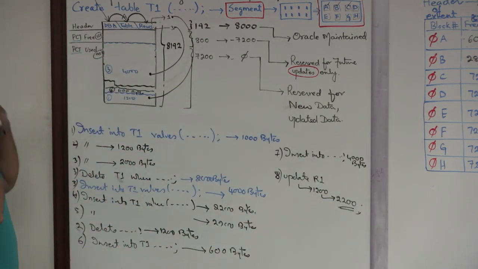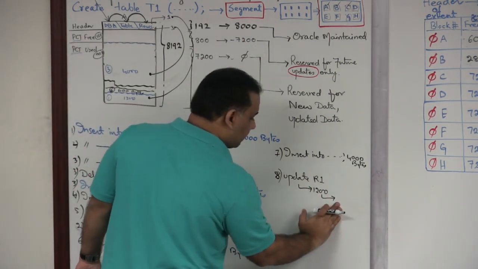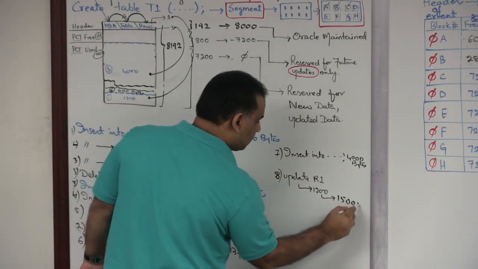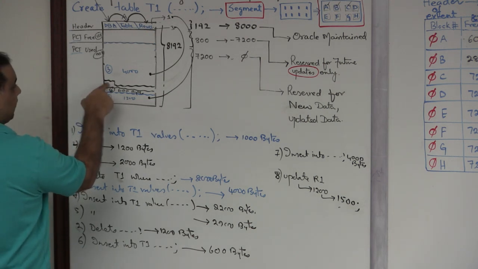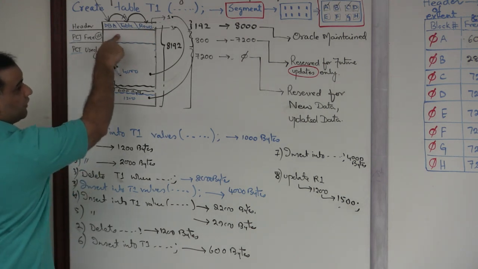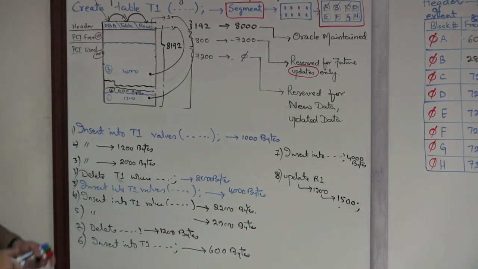So basically add 300 more. Which area do you think it is going to use? Is it going to use this area, which is free, or is it going to move to a different block or combination of all this? PCT free.